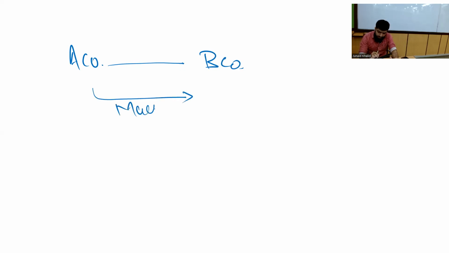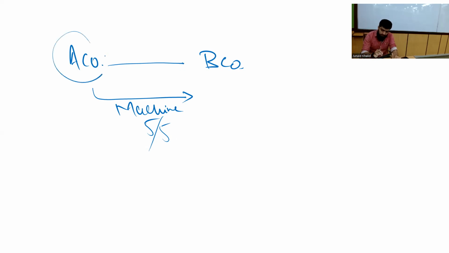For example, there is A company and there is B company. A company transferred a machine to B company over a period of 5 years, and the useful life of that asset was also 5 years. A company gave that machine for the purpose of use to B company.